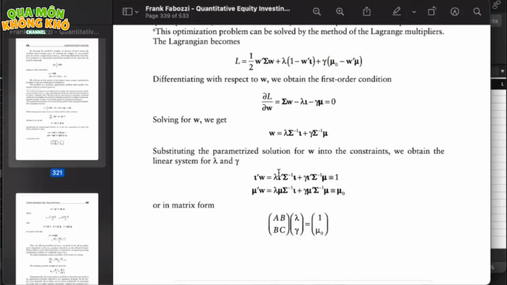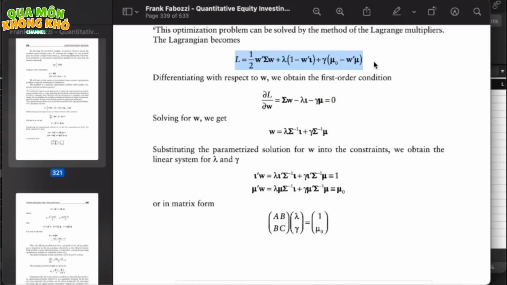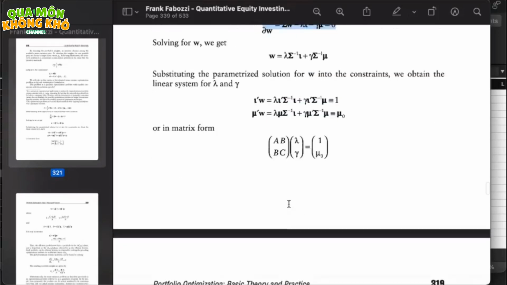So we optimize this function by using the partial derivative, and we set the partial derivative equal to 0. We solve this equation, and we have our parameters.